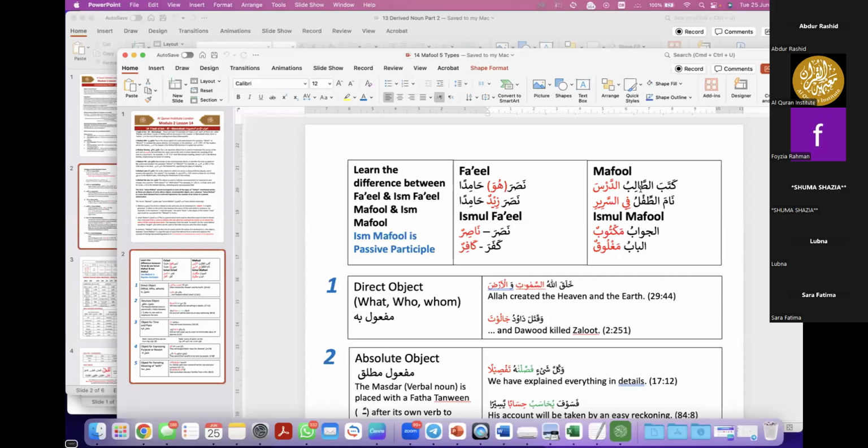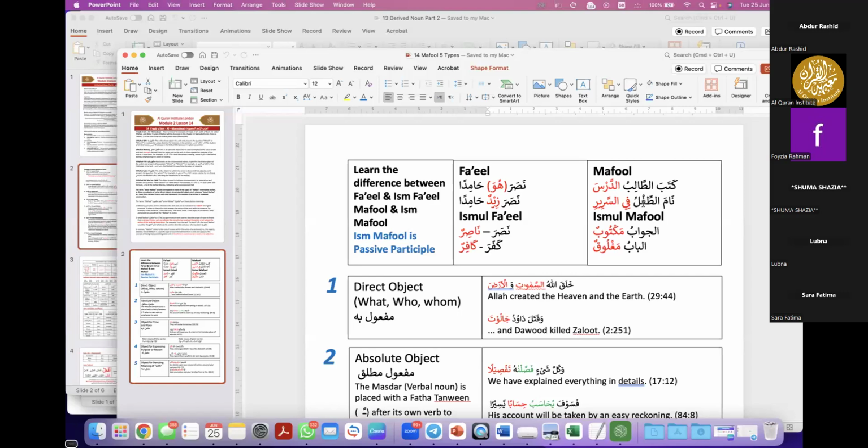Look at this. Katabat talibu, the student read the lesson. Right, this is an object. Namat taqlu, the child slept fis sariri, in the bed.